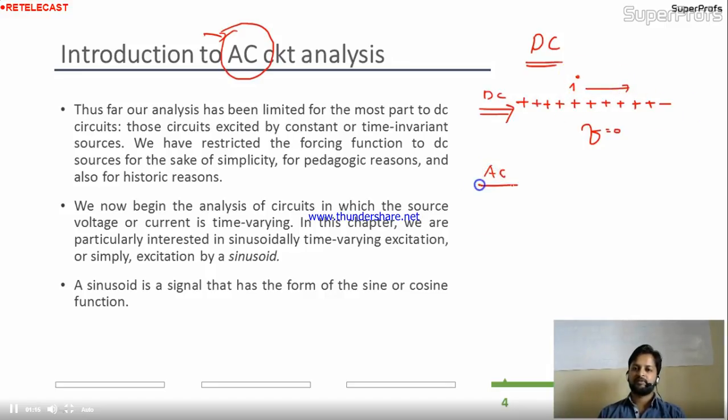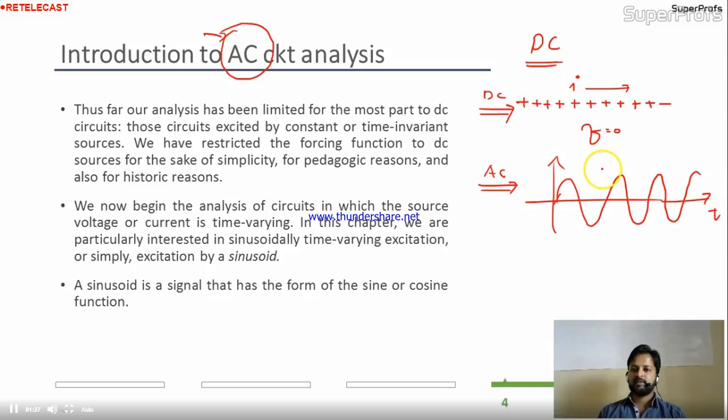But we will talk about the AC currents. The AC currents will be like this. It's changing continuously on the time scale, but repeating cycles are here. After completing this cycle, this current is repeating itself again like this.